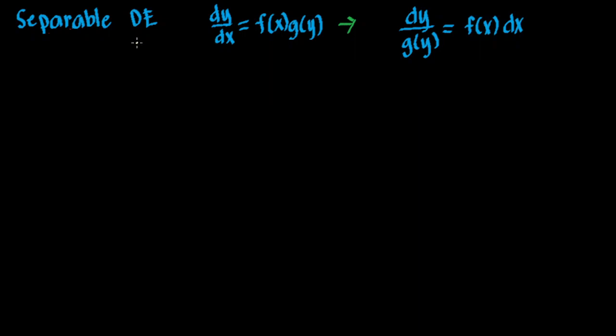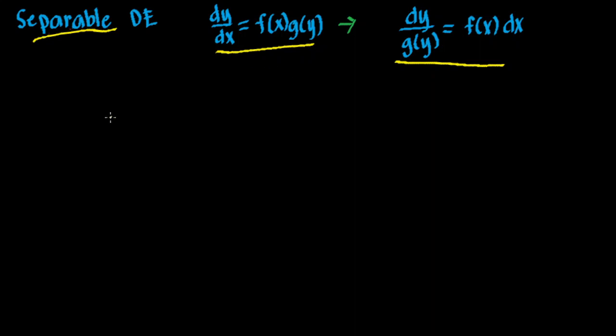Now, a differential equation is said to be separable if it can be expressed in this form: dy over dx is equal to some function f of x times some function g of y, where this can also be rewritten and rearranged to this form, where all the terms and expressions containing y are separated from all the terms and expressions containing x.